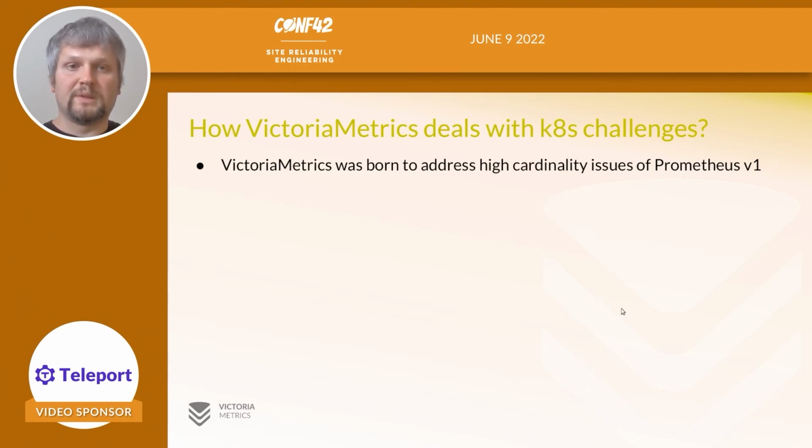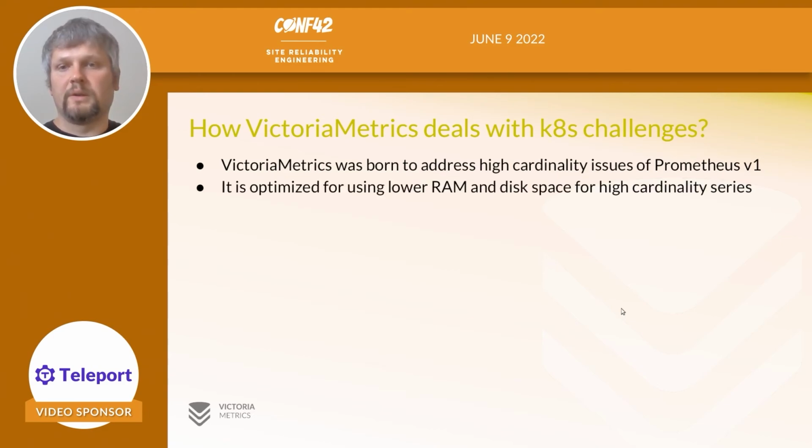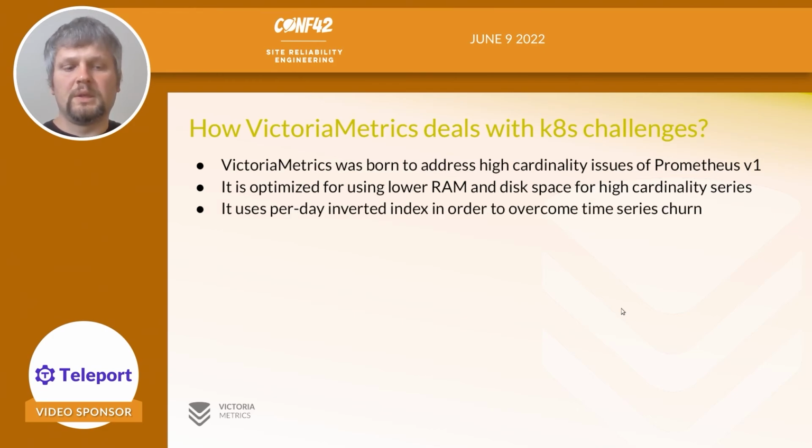VictoriaMetrics also deals with Kubernetes challenges. Actually, VictoriaMetrics appeared as a system which solves cardinality issues in Prometheus version 1. It is optimized for using lower amounts of memory and disk space when working with high cardinality series. It also provides optimizations to overcome time series churn, which is common in Kubernetes.